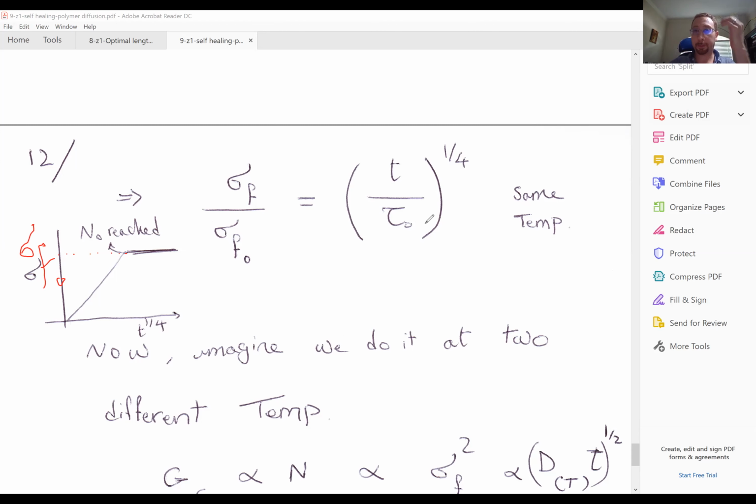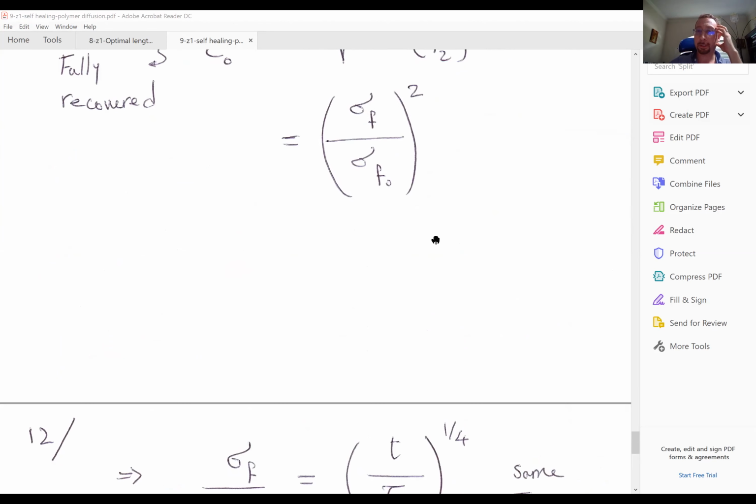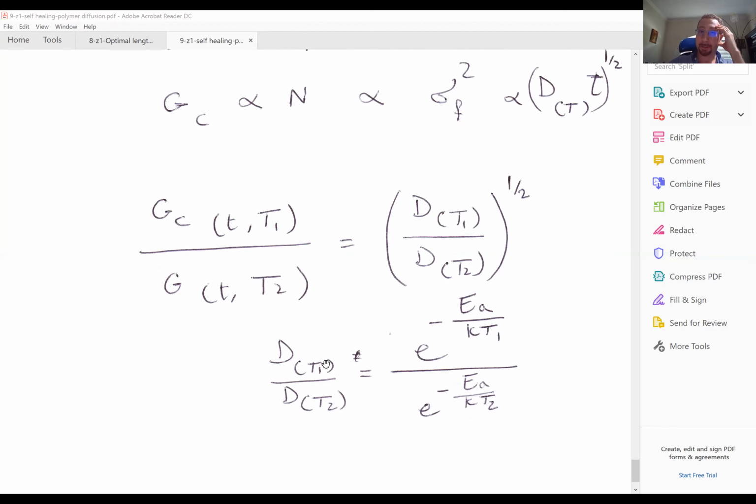But the equation we derived on the previous page also allows us to make even more sophisticated guesses, because I can also discuss temperature. I can say strength to the power of 2 is proportional to this quantity. And I know that the diffusion constant scales with temperature like this, where EA is the activation energy, and this is k or R, depending on whether EA is per molecule or per mole.